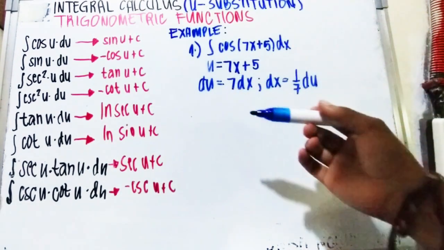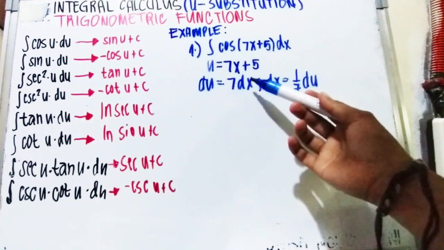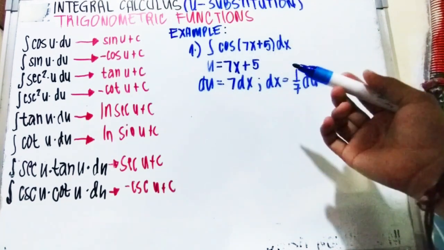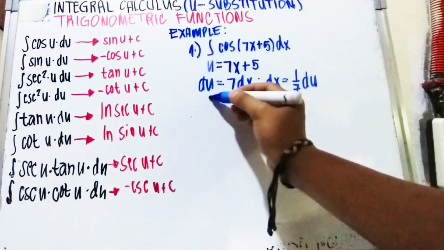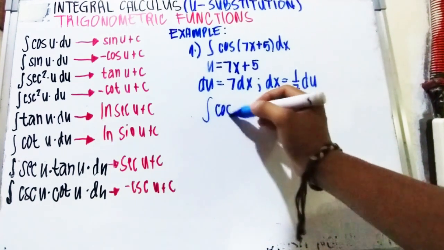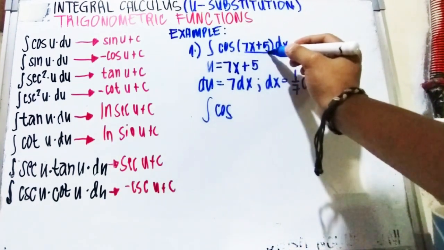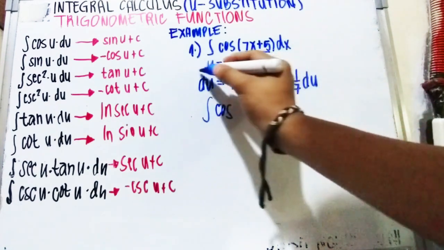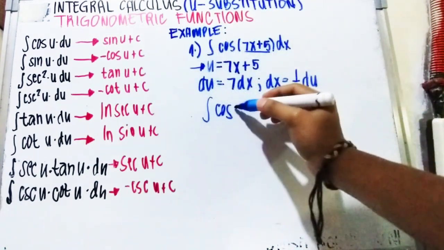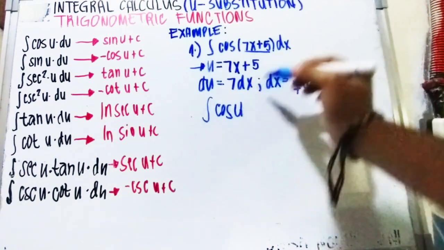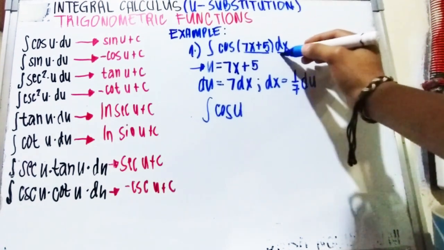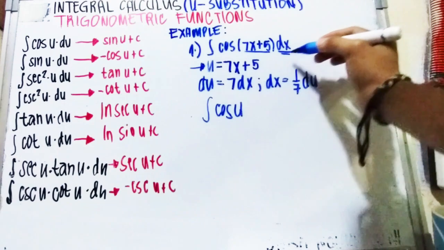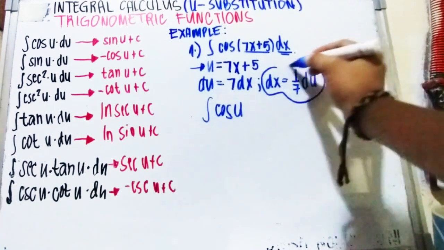Then, i-replace natin ulit yung nilet nating variable sa ating original na function. So, the integral of cos, ano yung 7x plus 5? Yung 7x plus 5 is our u. Therefore, cos u. Next, yung dx. Ano yung dx? Yung dx natin is ito.